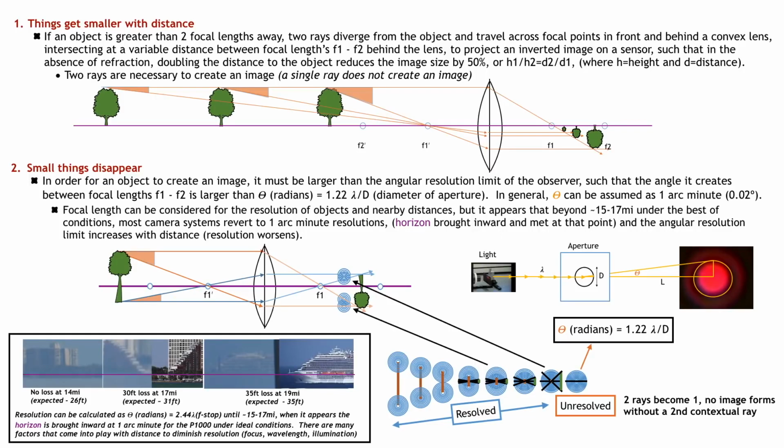So again, the horizon begins to get brought inward and met at that point, at least within that lower compressed field, and the angular resolution limit increases with distance from that point on, and the resolution worsens.